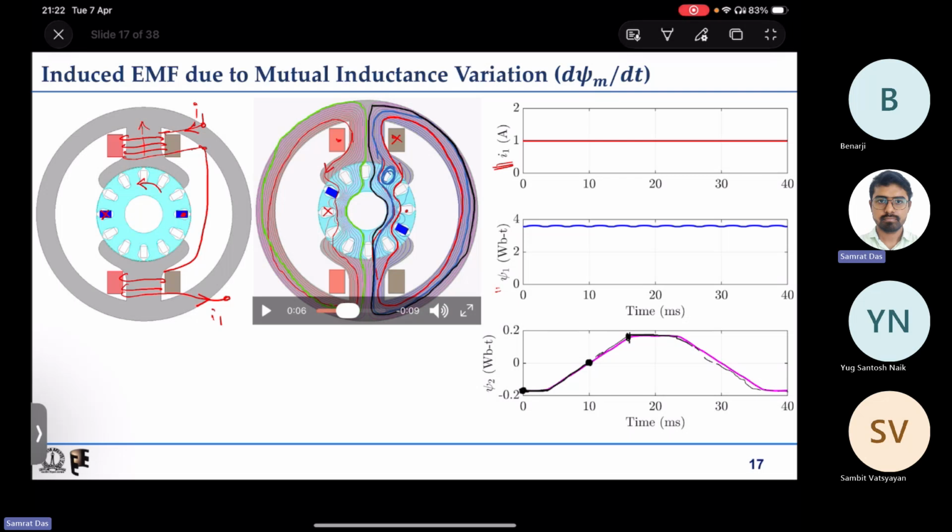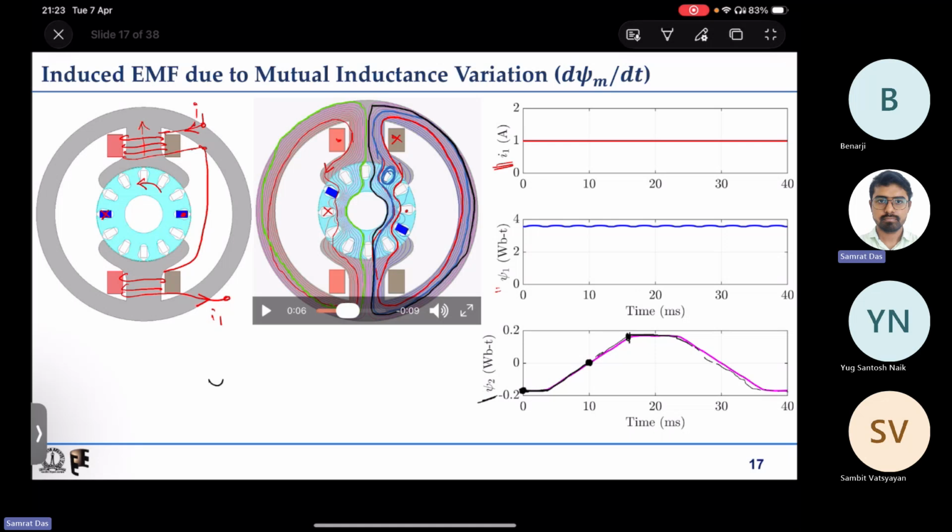Now the second coil does not have any current flowing through it, and the first coil current is also constant. So what is changing here? The mutual flux linkage between the second coil and the first coil, psi 2, is changing.